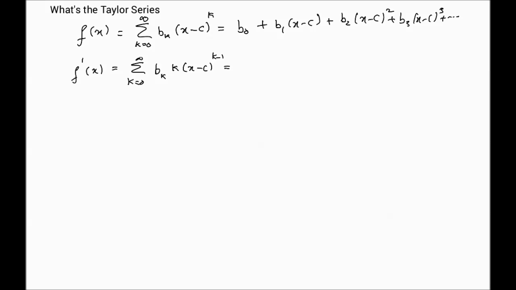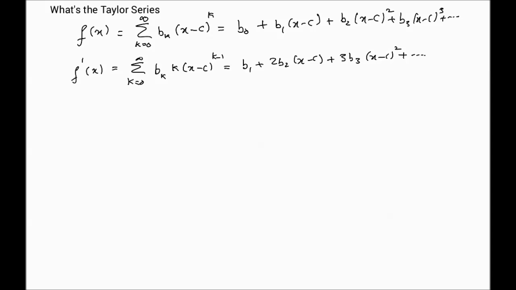And if we look at it in term by term form, the derivative of b0 is gone. So what's left is just b1. So we get b1 plus 2b2 into x minus c plus 3b3 into x minus c squared plus, and so on.